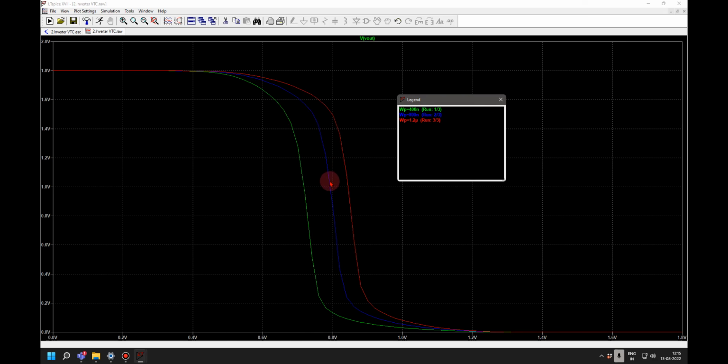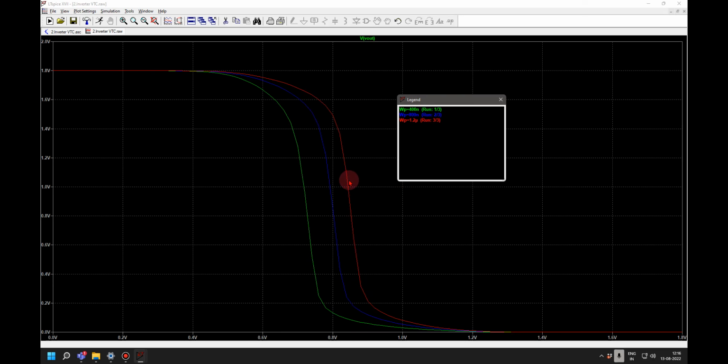So I have to increase the size of the PMOS. In this particular case, for the 180 nanometer technology we are using, even if I use 1:2, the switching is happening close to 0.8. So to get a symmetrical swing, the ratio comes to around 2.5 to 3.